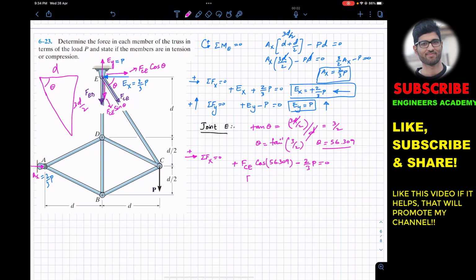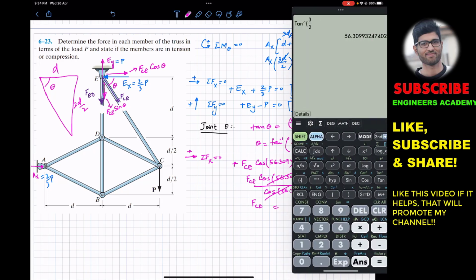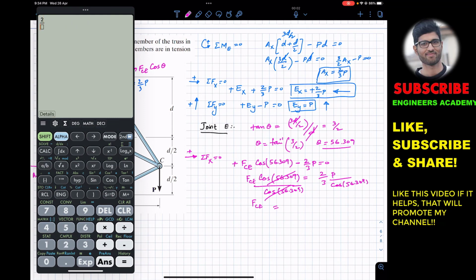So now FCE cos of 56.309 is equal to 2 divided by 3 P. If we divide both sides of the equation by cos of 56.309, we get FCE is equal to 2 divided by 3 times cos of 56.309.